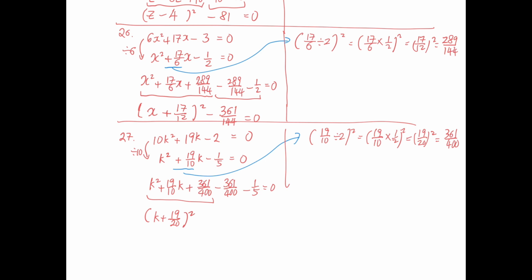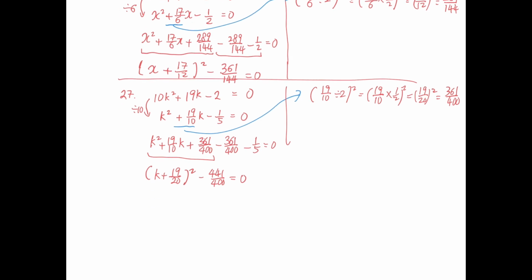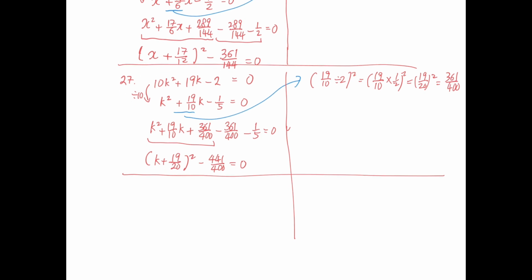Minus 361 over 400 minus 1 over 5. So we get minus 441 over 400 equal to 0. Okay, so that is perfect, completing the square. We still have 3 more questions. Let's finish it.